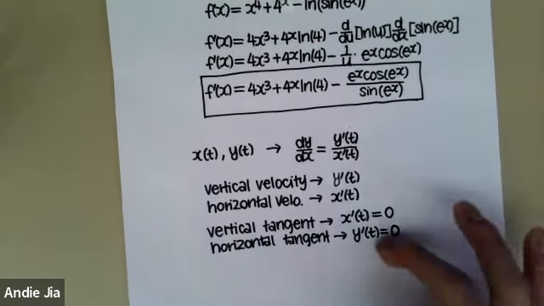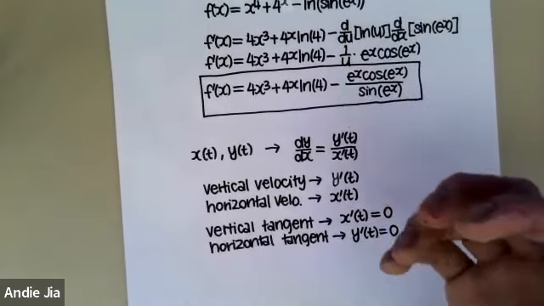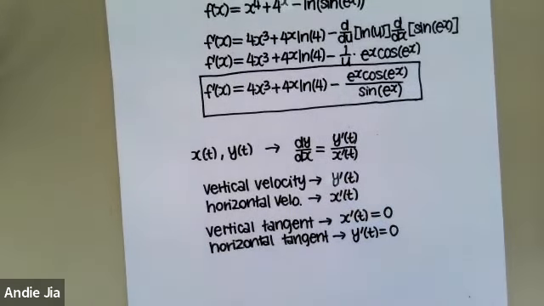That's why we set y prime t to 0. That's the horizontal tangent.